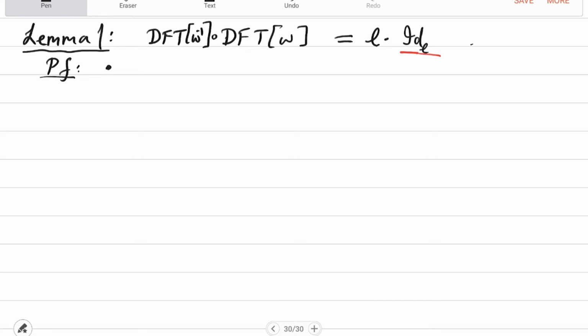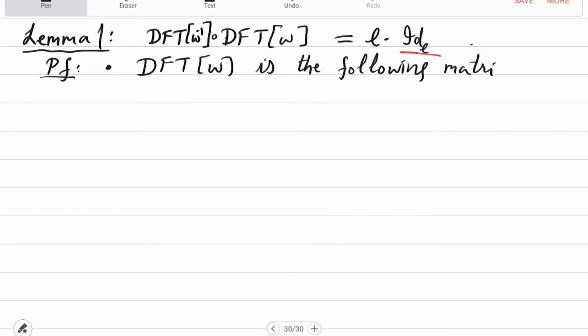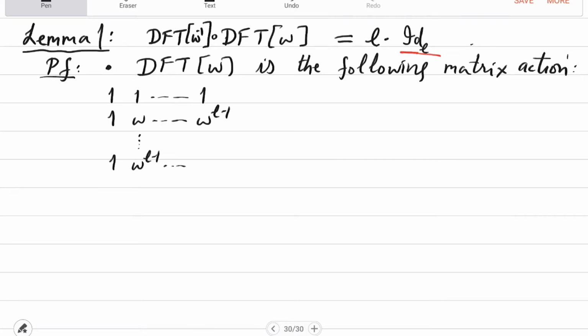So I write DFT as a matrix product. DFT's matrix action is: first row is all 1, then you have 1, omega, to the L minus 1, and so on, times A0 to AL minus 1.